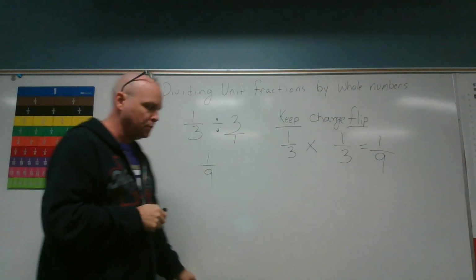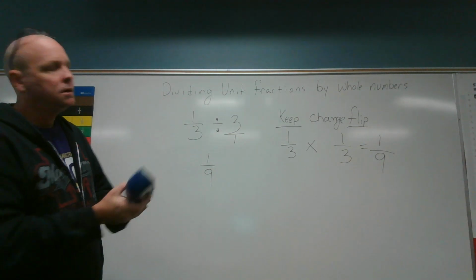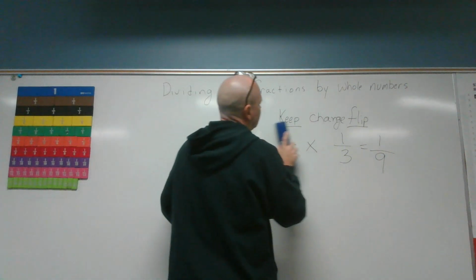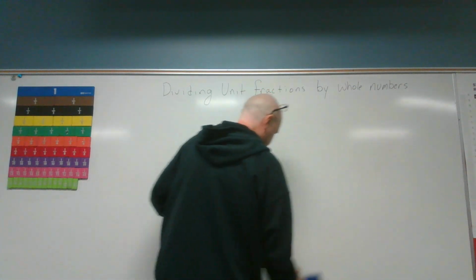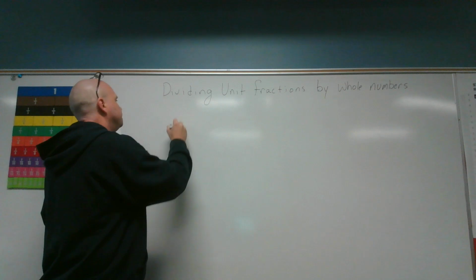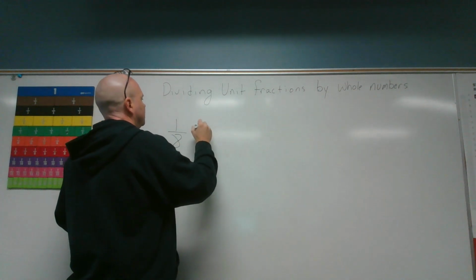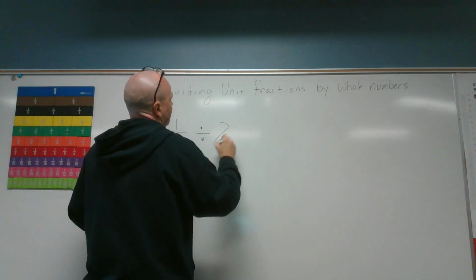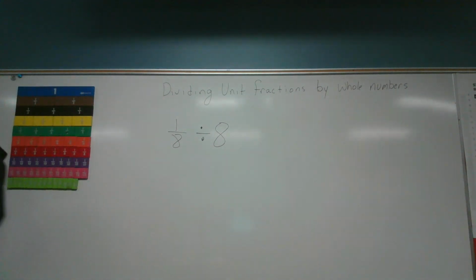Okay, the second one I want to show is going to be 1/8 divided by 8. And if I'm correct, this is one of the problems on the paper you're getting. Yes, number 2. 1/8 divided by 8.